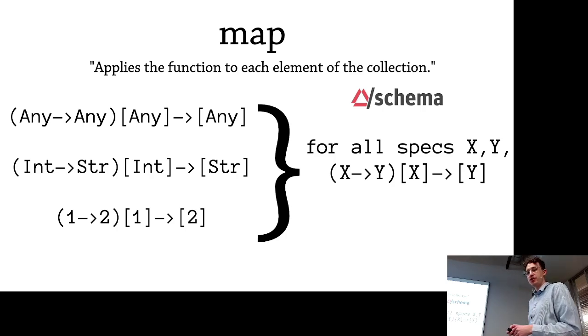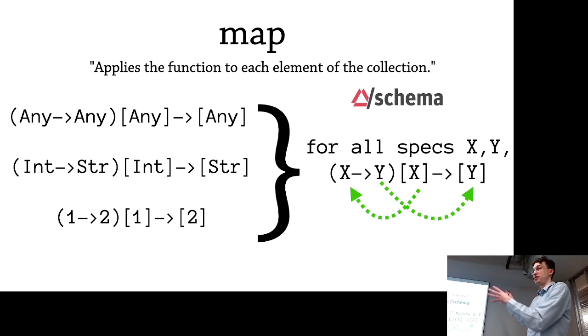I'll give you the pretty picture. Here's the first one. This actually applies the function to each element, this arrow here. And I guess the second arrow here is implicit, that you return the result of that application.